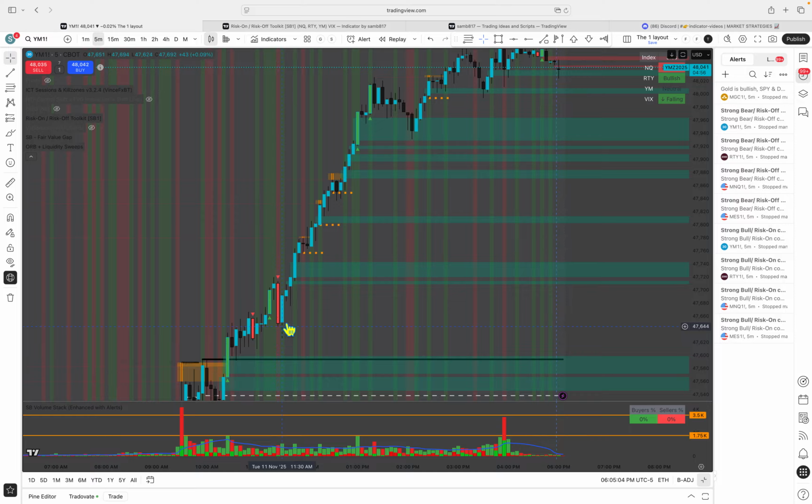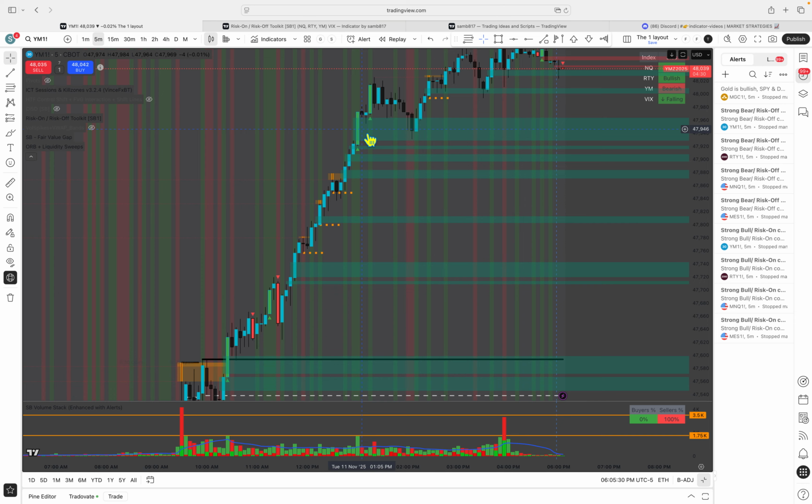When it got back into alignment, we saw our push up, a little sideways, back into alignment, push up, a little sideways, back into alignment, push up, chopped up a little bit, manipulated up, back into alignment, pushed up, and the continuation of pushing up when you see price in alignment.